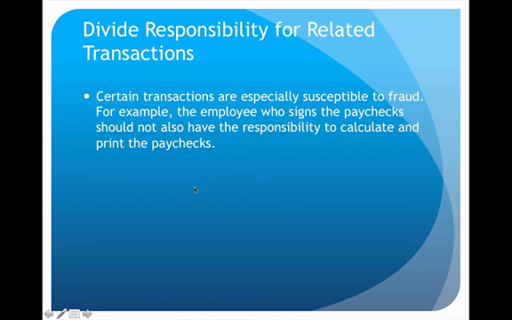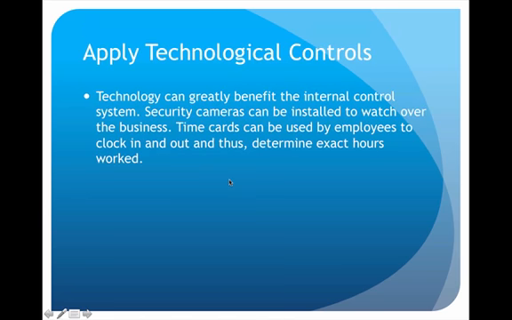So any kind of related transaction like that, we want to divide up those responsibilities as much as possible. It doesn't guarantee that there won't be fraud, but it certainly reduces the chances.